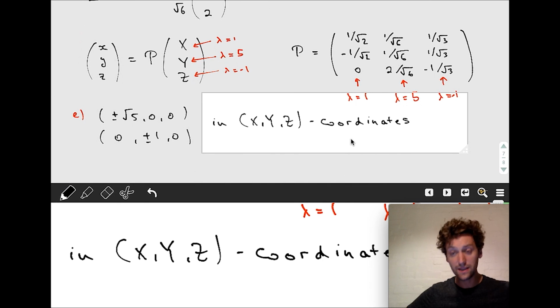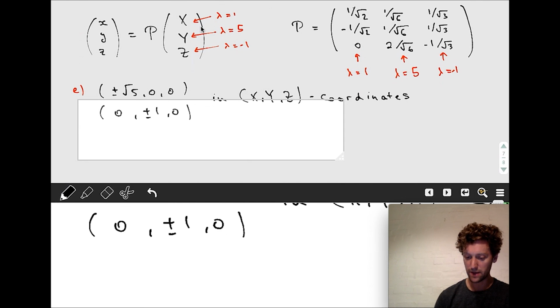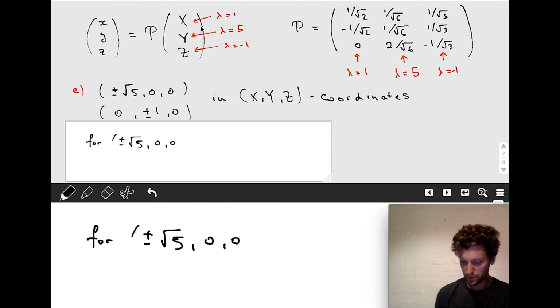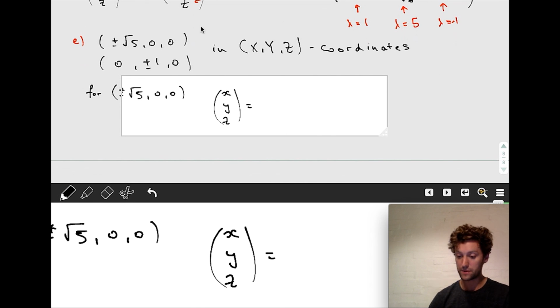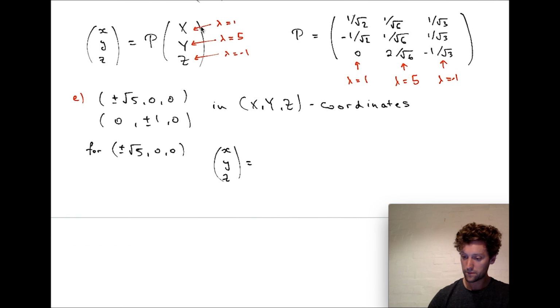So how do we express that in little x, little y, little z coordinates? Well, the way that we're going to do that is by using the expression that we just found here. Little x, little y, little z is going to be P times the coordinates big X, big Y, big Z. So for plus or minus root 5, 0, 0, we've got that little x, little y, little z equals P times big X, big Y, big Z, and we just found that. Let's keep P right there.